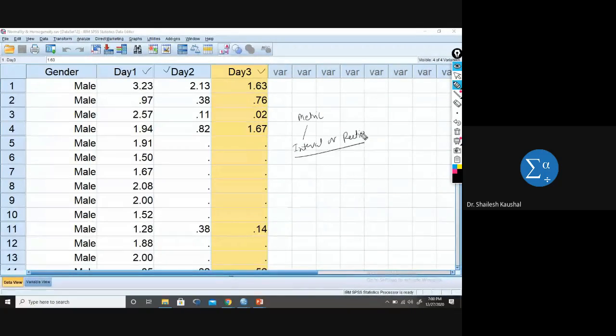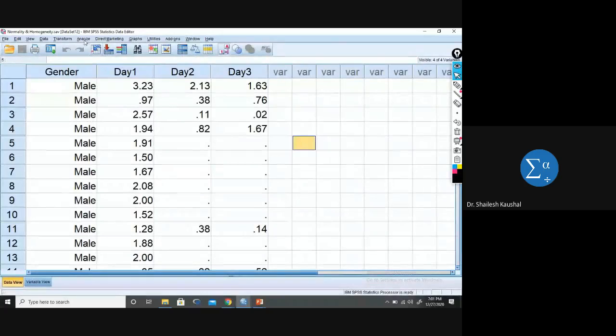Then we can check the normality and homogeneity of our data. First I will check normality, and after that I will check homogeneity. Although we can check with one command, for explanation purposes I will perform it 2 times.